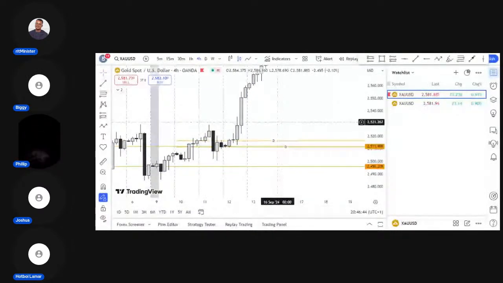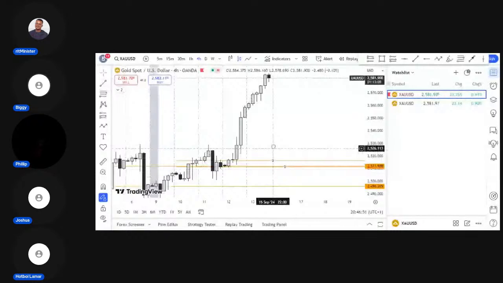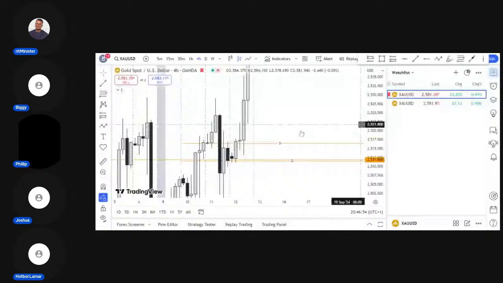So on the 4 hours time frame, you see that we have our daily zones marked here. And then looking at the 4 hours time frame, this is like a consolidation.